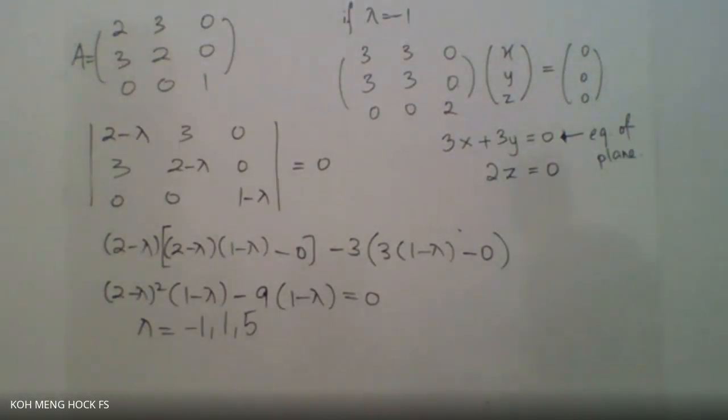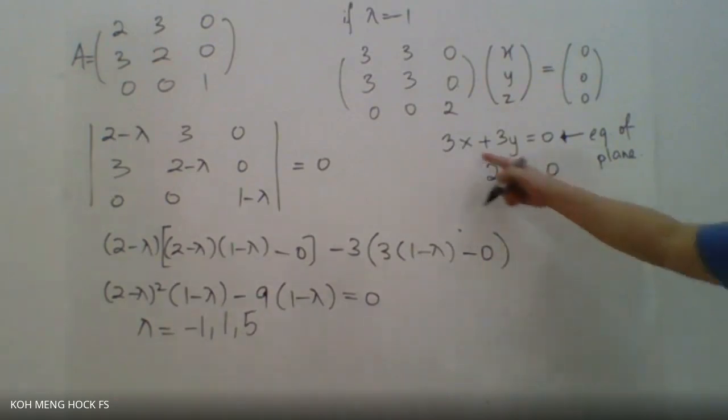Right? Remember when we studied the first chapter on vectors, we said the equation of plane looks like this. So you have 3x plus 3y equals to 0. This is the equation of plane. In this case, z equals to 0 is also an equation of plane.